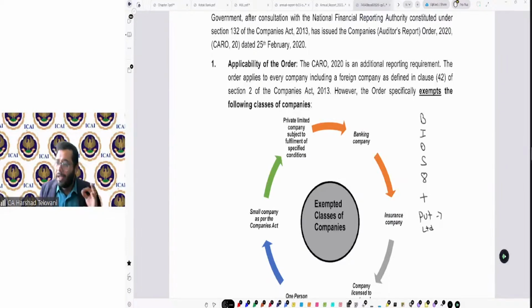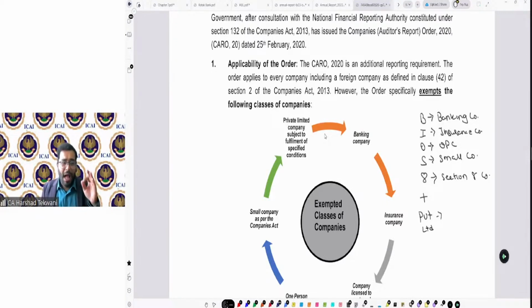Now what is this? We need to understand. When I talk about BIOS 8, it stands for banking company, insurance, OPC, small company, and Section 8 company.